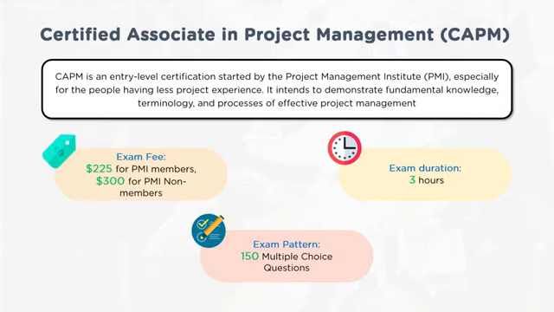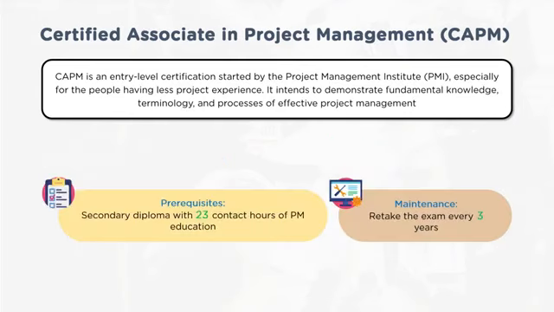The duration of the examination is 3 hours, and it will have 150 multiple choice questions. For prerequisites, someone who has a secondary diploma with 23 contact hours of PM education is enough. No project experience is required, as we saw in PMP. Maintenance is again 3 years. Someone who needs to continue the certification has to retake the examination every 3 years.